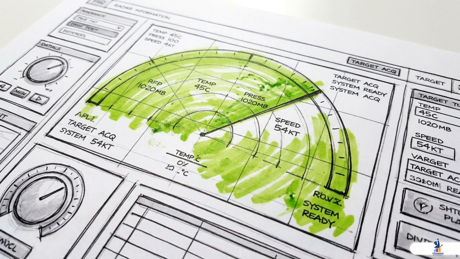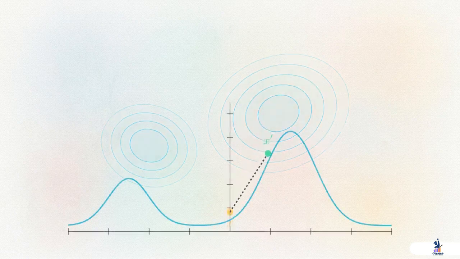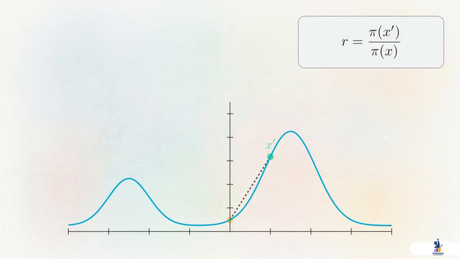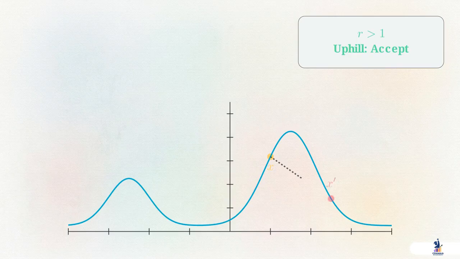The most common mechanism used to construct this reverse-engineered matrix is the Metropolis-Hastings algorithm. This topography represents a multi-peaked probability distribution. We drop a particle at random coordinates, marking our current state, x. It projects a path to a candidate state, x prime. It then calculates an acceptance ratio, r, dividing the proposed state's density by the current state.